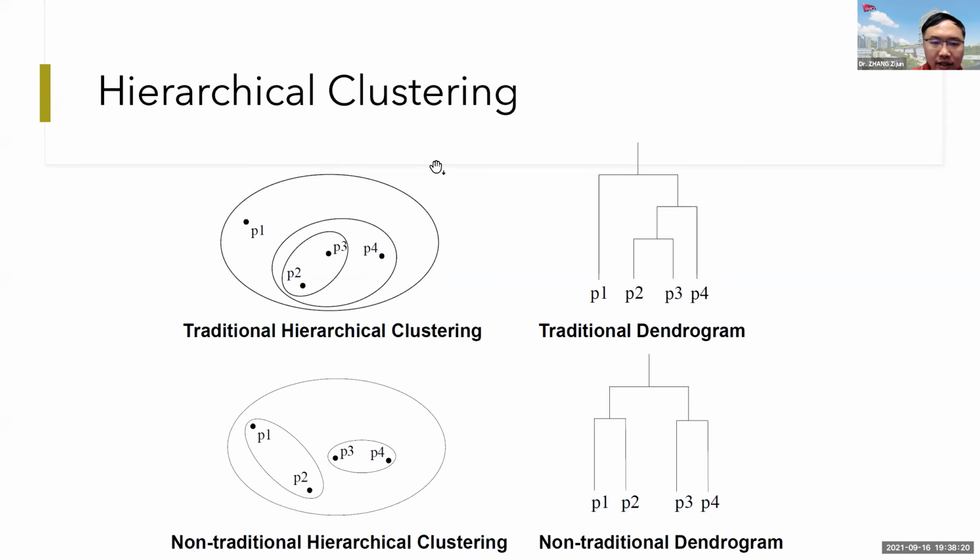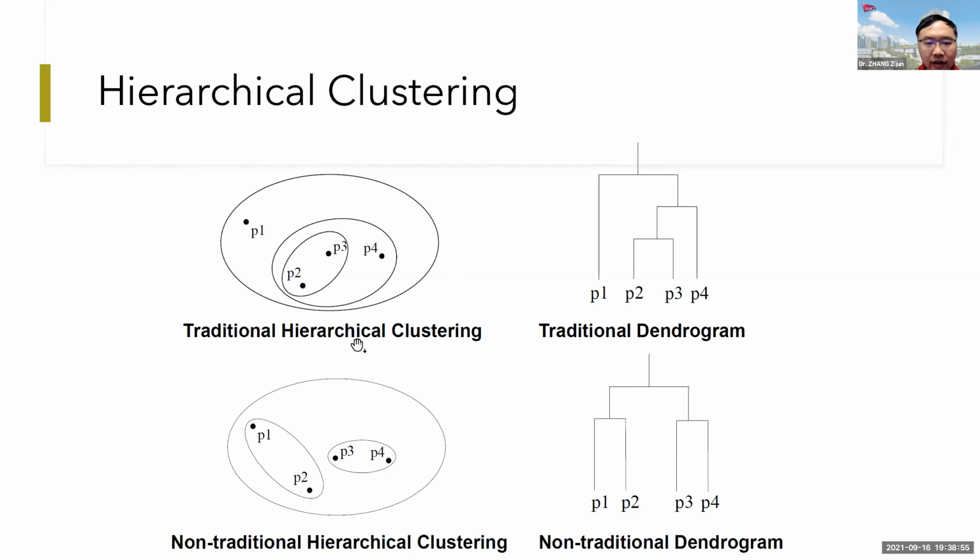Hierarchical clustering is different. It basically starts with one data point and includes another data point to form the first cluster, then includes another to form a bigger cluster, and finally you include all the data points in one cluster. So you have a nested cluster structure, and you can use a dendrogram to show the relationship, basically the distance among different data points in this cluster.